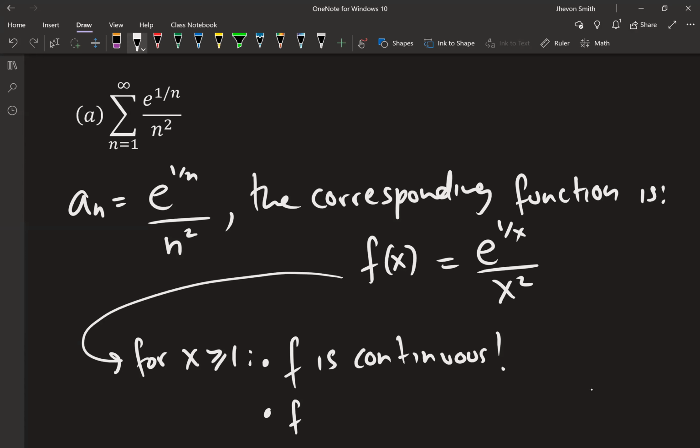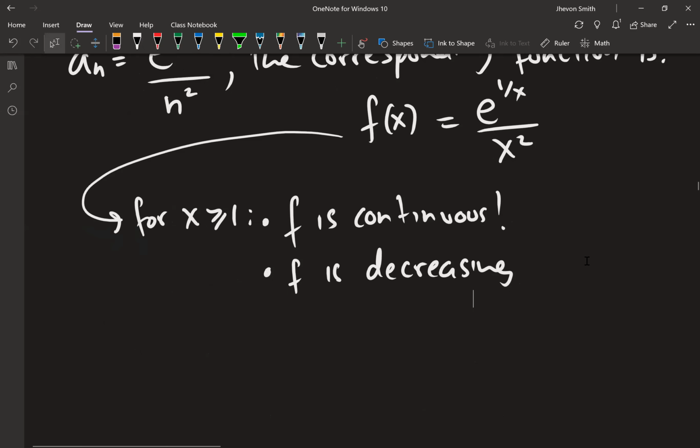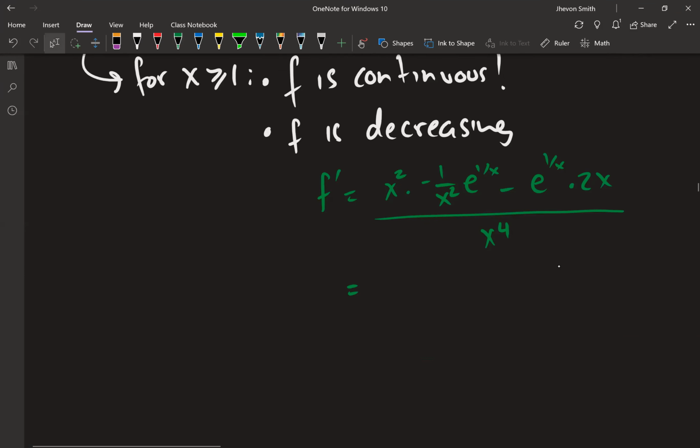Also, f is decreasing. How do I know that it's decreasing? Well, I know that it's decreasing because if I look at f prime, that's going to be the bottom times the derivative of the top minus the top times the derivative of the bottom over the bottom squared. This would look like there's a minus e to the 1 over x common factor.